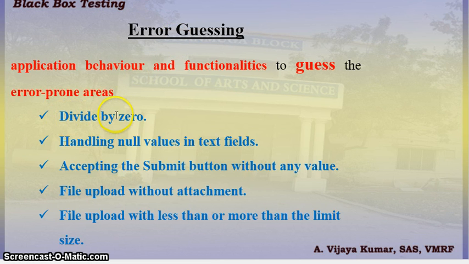That is divide by 0, handling null values in text fields, accepting the submit button without any value, file upload without any attachment, file upload with less than or more than the size limit. So here we are listing the possible errors appearing while we are testing the software. That can be performed with the help of this error guessing technique.